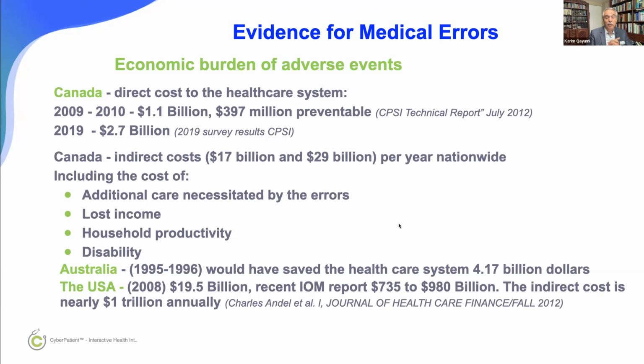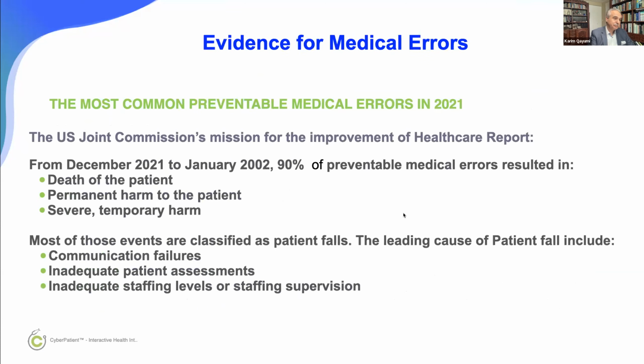Australia spends about $4.17 billion as a direct cost of medical errors. And in the US, it's $19.5 billion in direct cost, and the indirect cost of medical errors for the United States is about $1 trillion per year. So it is a big economic problem.